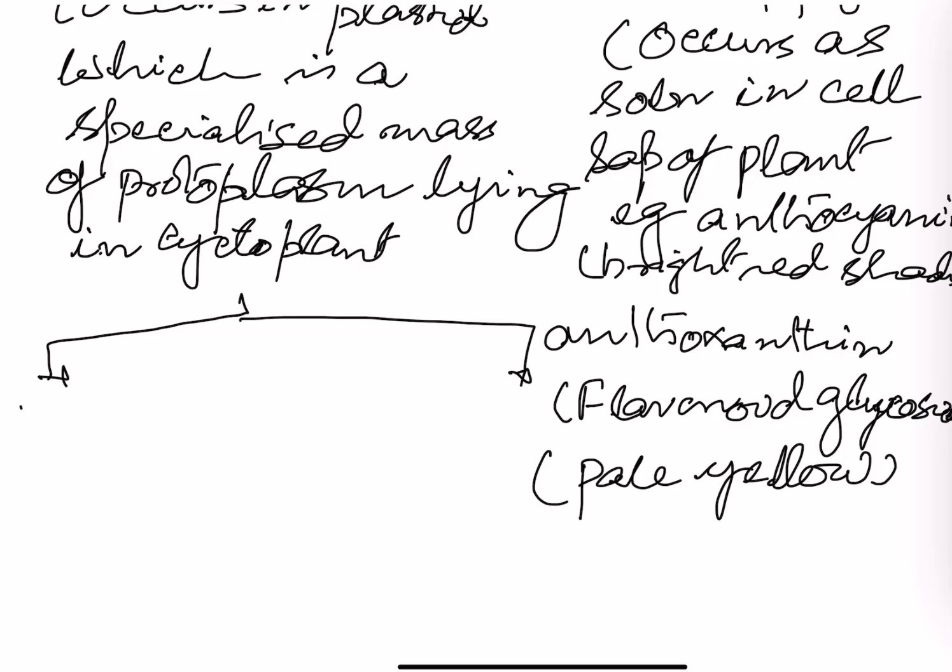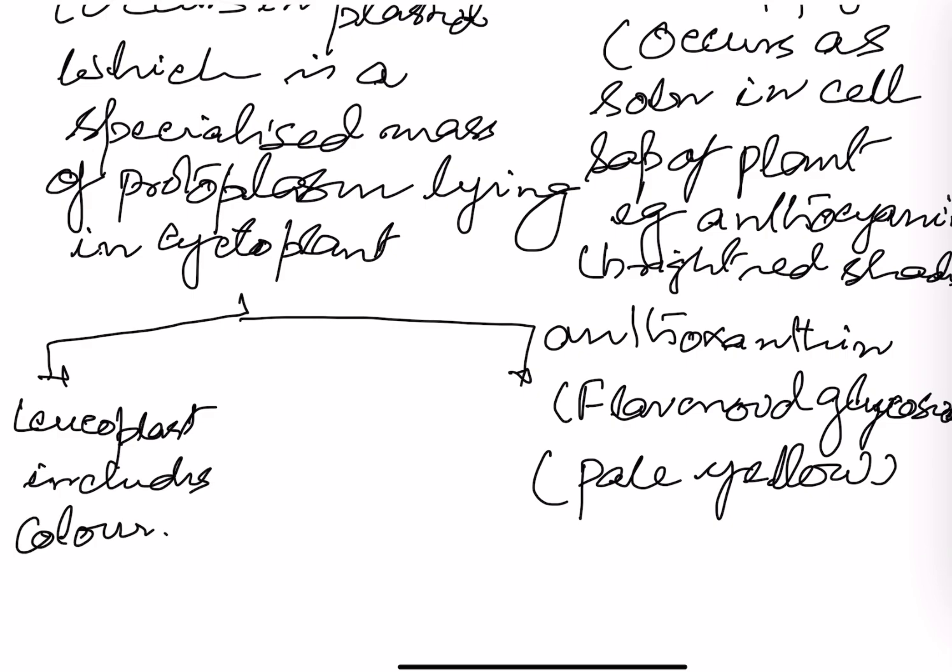That is your leucoplast. This includes the colorless plastids. And next is your chromoplast.